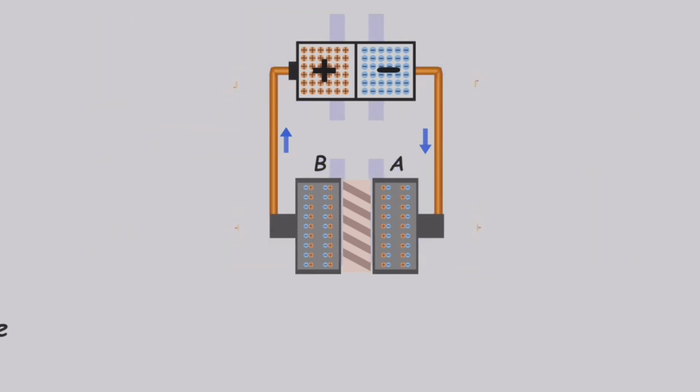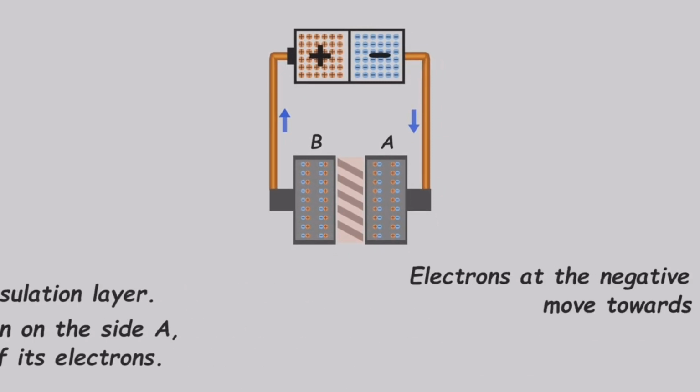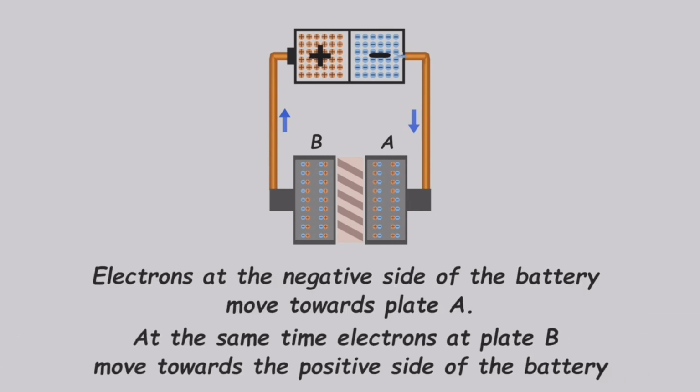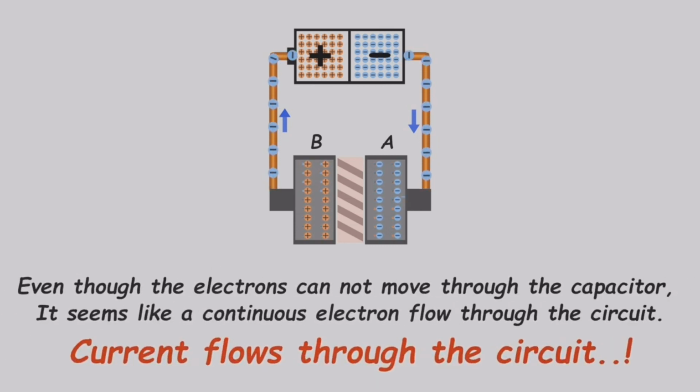Remember, the electrons can't cross the insulating layer, so as one plate gains an electron, the other releases one. This creates the effect of a continuous electron flow, resembling a current through the circuit.